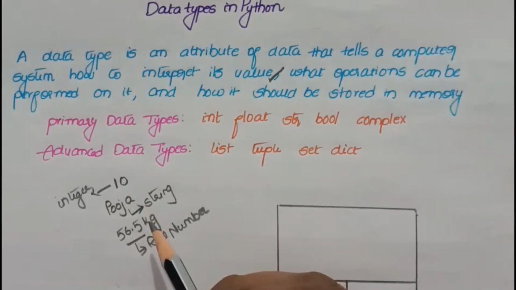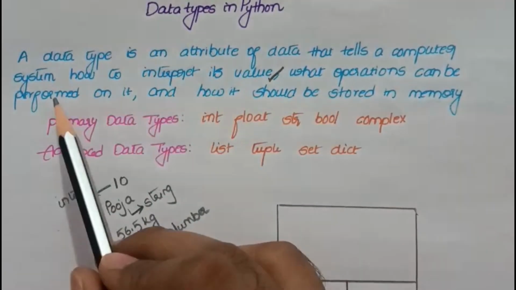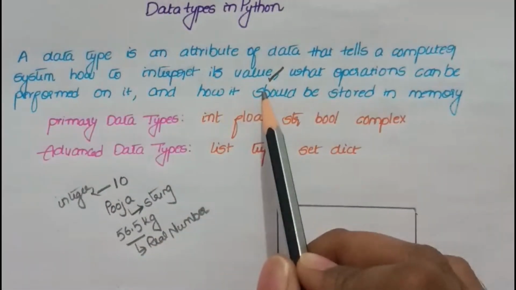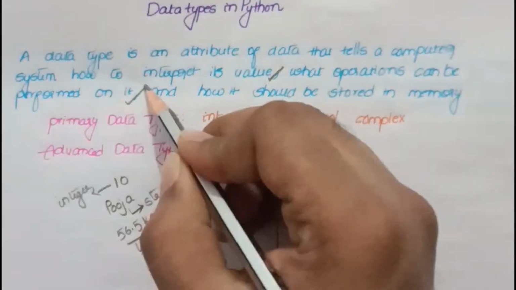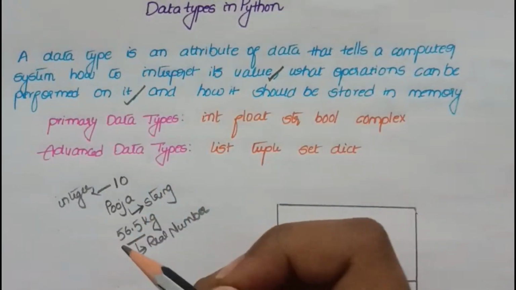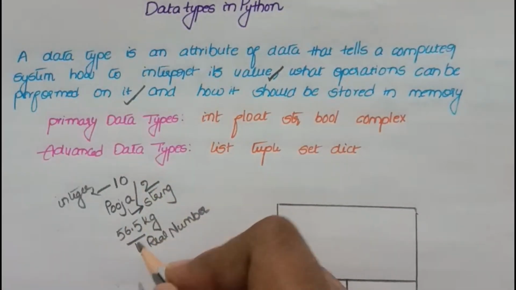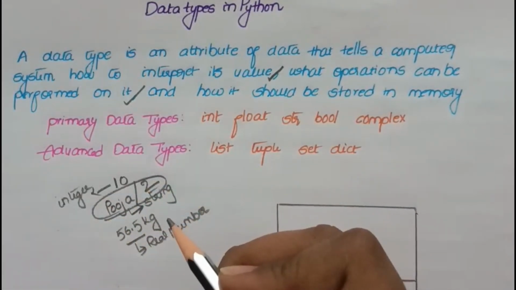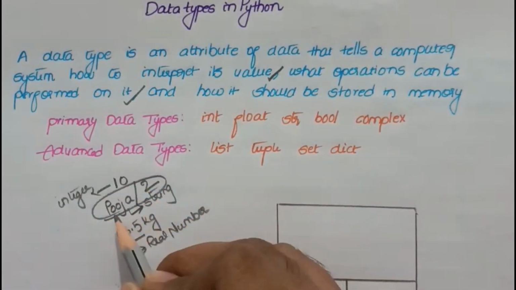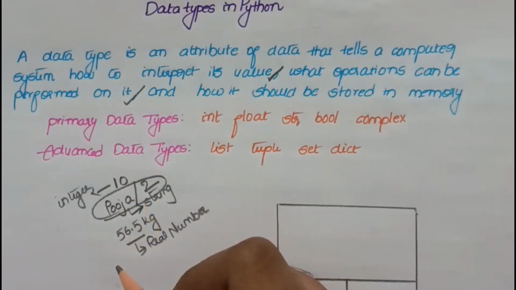So the data type of a data tells the computer how to interpret its value and what operations can be performed on it. This is the second use case. You can't divide a string with an integer. It is illogical, right? Dividing a string with an integer.